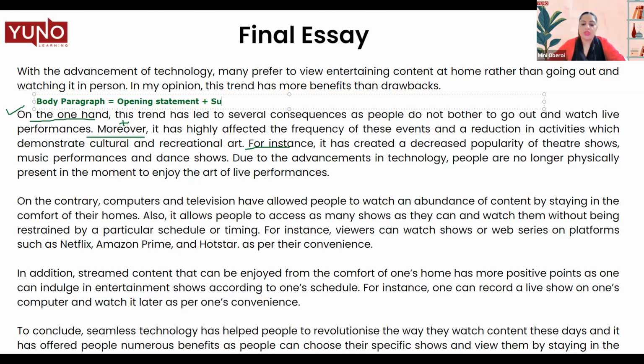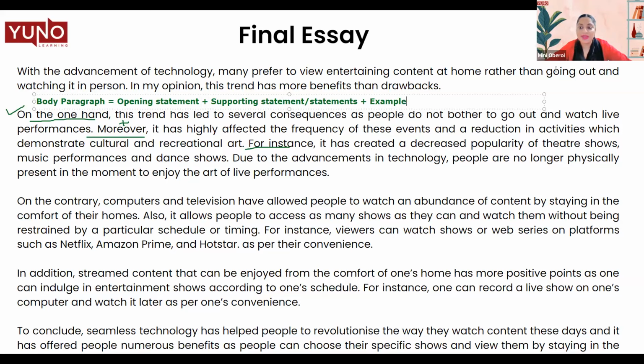After that, you should have a supporting statement or statements. You can give one statement or two statements, but I never tell the students to write more than that because then we go overboard with the length, right? So supporting statement or statements. And after that, we must give an example.